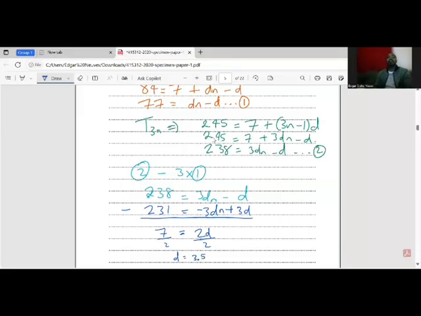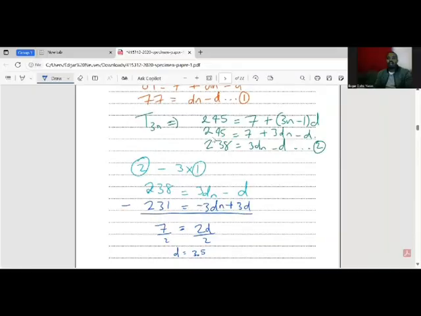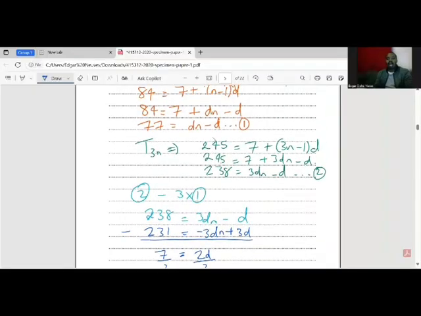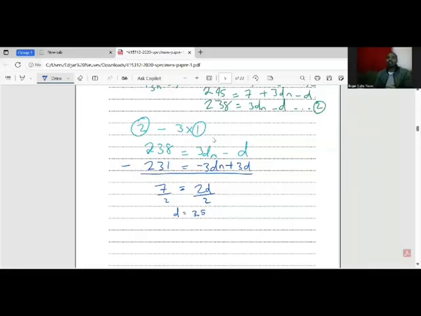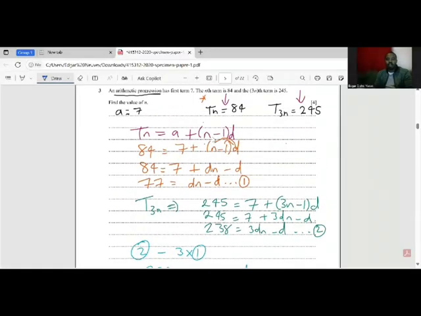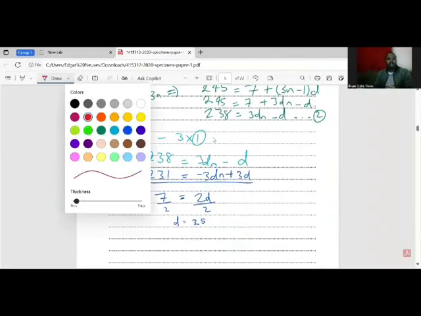D is 3.5. So now that you have d as 3.5, you can substitute this back into either equation 1 or equation 2. I choose to substitute it into equation 1. I'm going to substitute it back into equation 1 and then solve. So equation 1, let me do that in a different color.